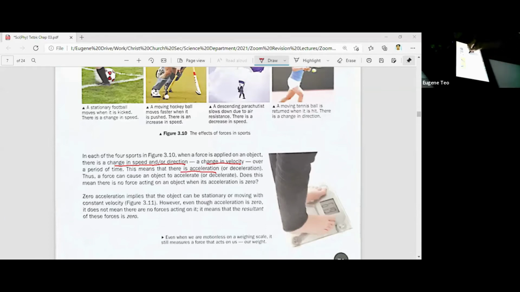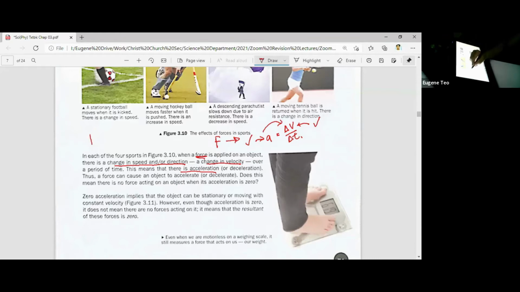Because what we learned in chapter 2 is that acceleration equals change in velocity over change in time. So if there's a change in velocity, that means there must be acceleration. Okay, so that's what we covered in chapter 2. In order for us to change the velocity, we need to apply a force. So force leads to acceleration, and acceleration leads to change in velocity.